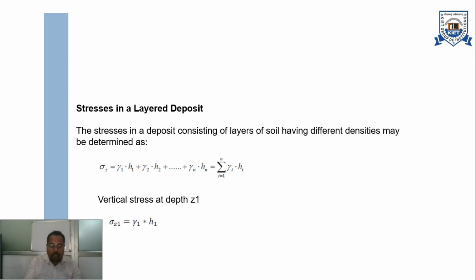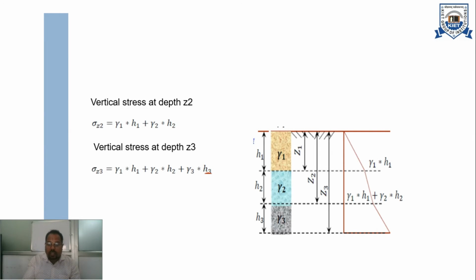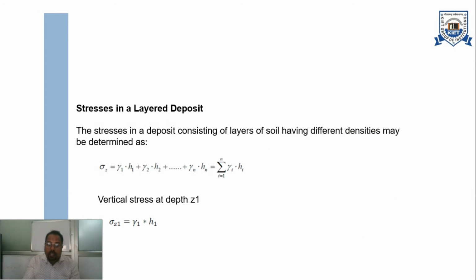For example, in the given diagram, we can see there are three consecutive layers of thickness h1, h2, h3, situated below depths z1, z2, and z3, and the unit weight of soil in layer h1 is gamma 1, in h2 it is gamma 2, and in h3 it is gamma 3. In such a condition, we can calculate sigma z1 as gamma 1 into h1.